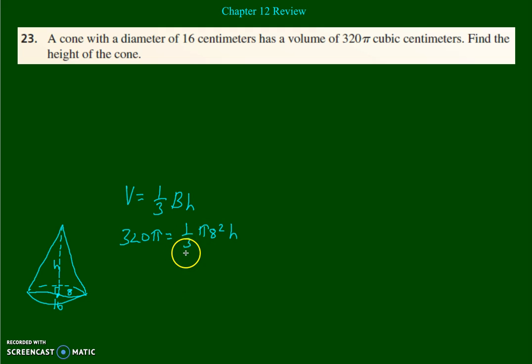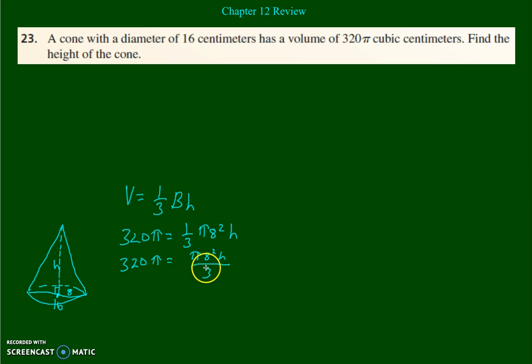So again, it looks like this is a basic algebra problem again. So we're just going to work through and get rid of all these values. This is 320 pi equals pi 8 squared h over 3.